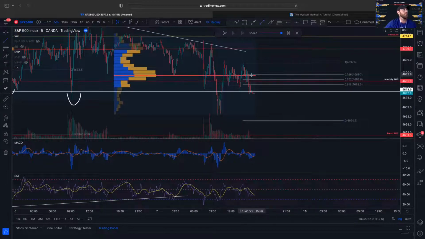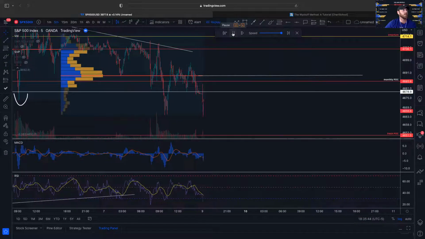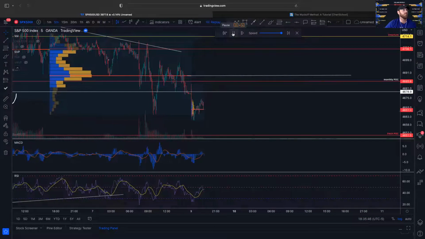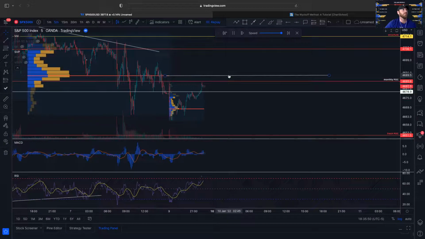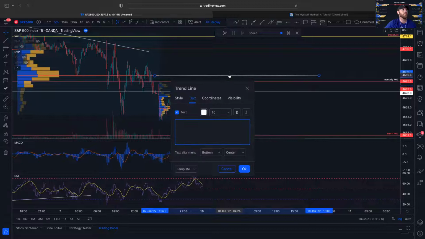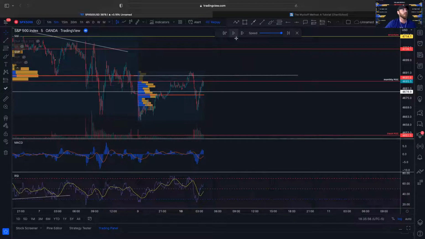And I should have done this and extended this out for the next day. Because look how that line gets hit. This line right here. Boom, boom. Moves off of it.